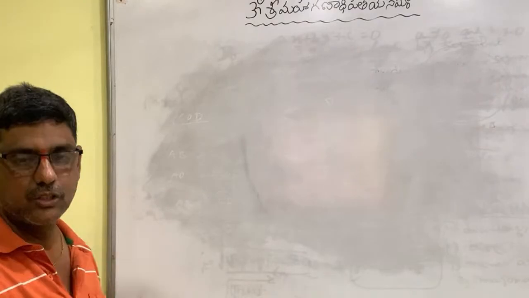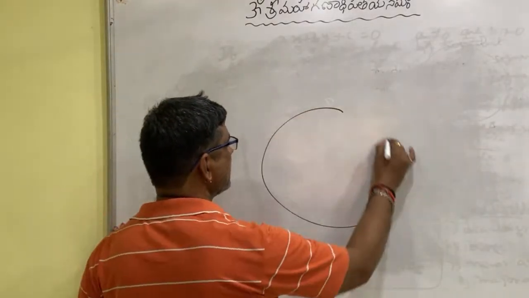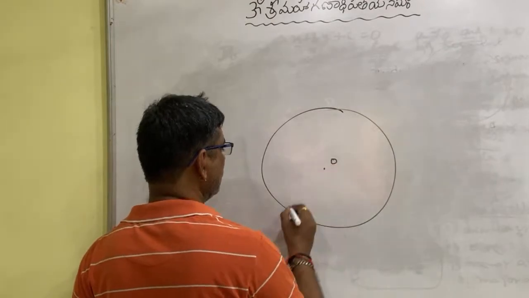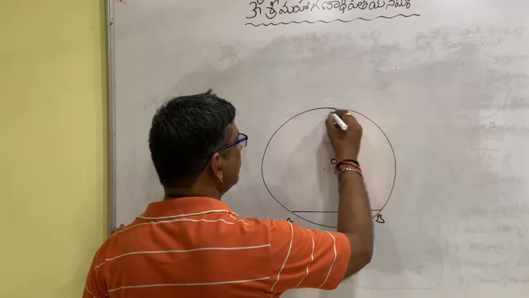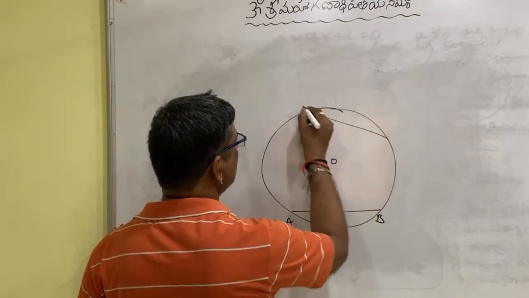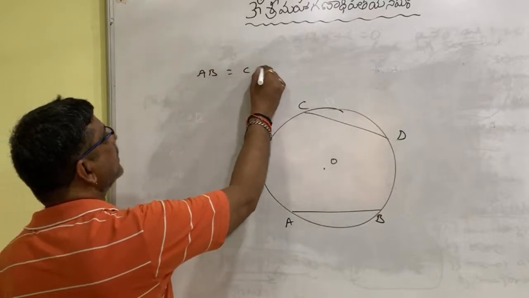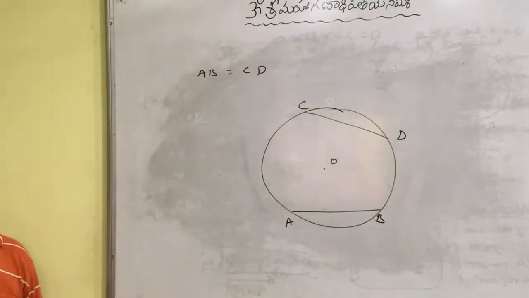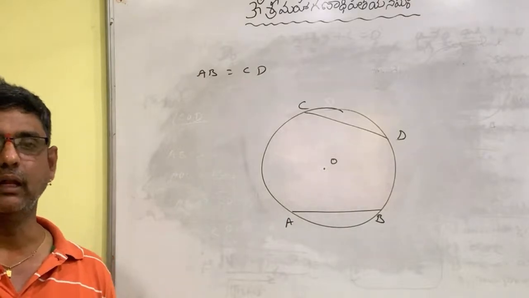Now suppose there is a center, chord AB and chord CD, and both are equal.